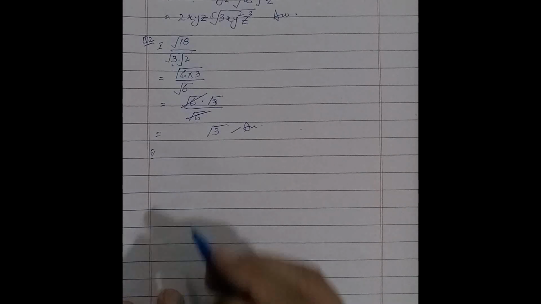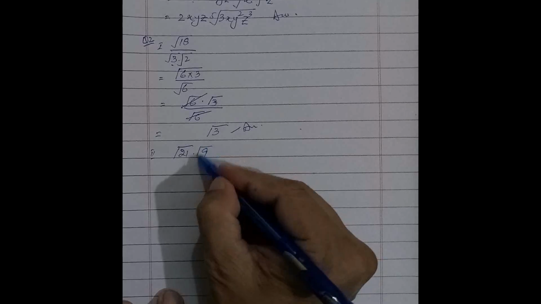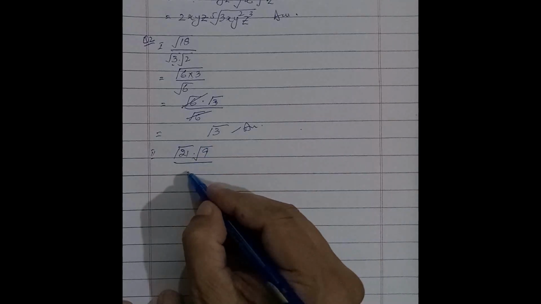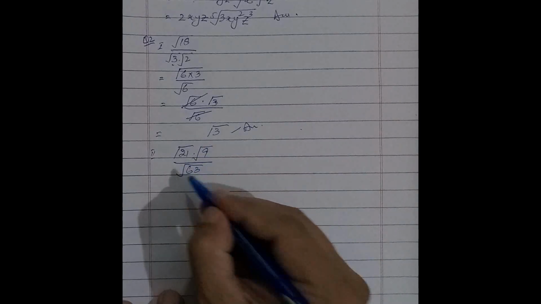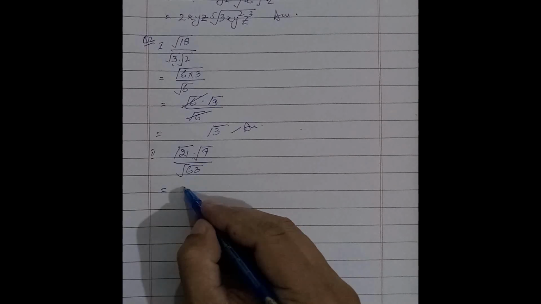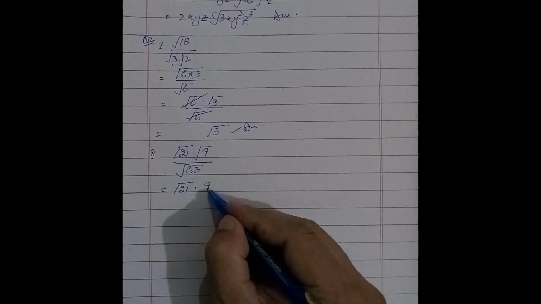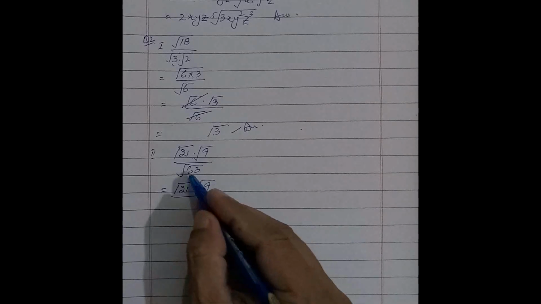The next part, part 2, is square root of 21 times square root of 9 over square root of 63. Now we factorize these values. We get square root of 21, square root of 9 over square root of 63.